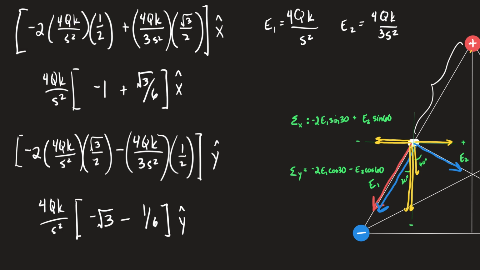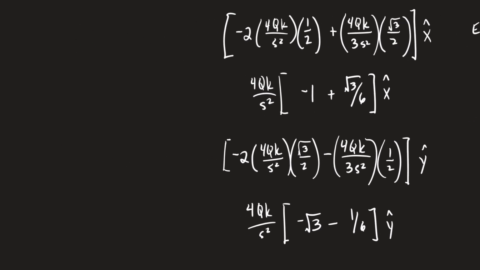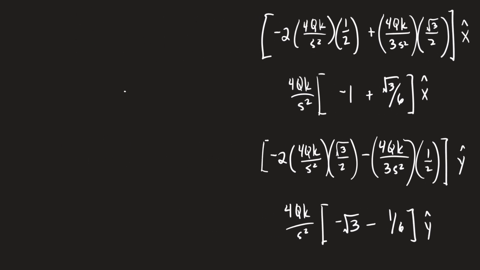All right. So √3 over 6 is definitely less than 1. So I see that I have a component of my electric field this way. We know that the whole thing has this term in it, so I only care about this part for right now. Is that okay? Because they're all going to be multiplied by the same amount, this 4qk over s squared. So what I'm trying to do is build a triangle and get the proportionality of the sides right.